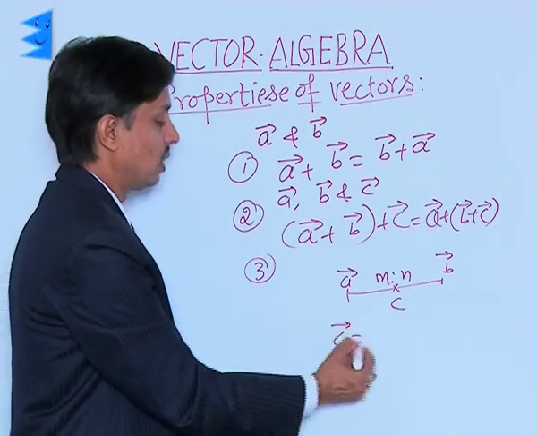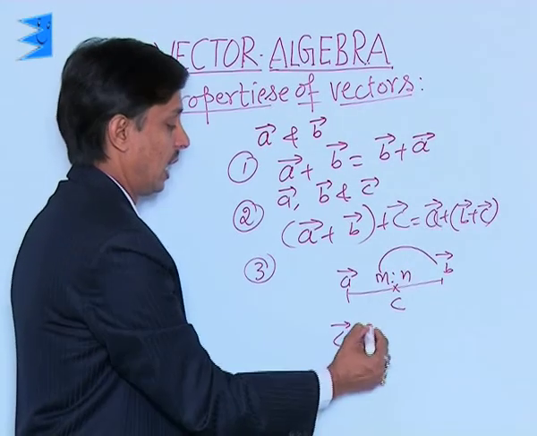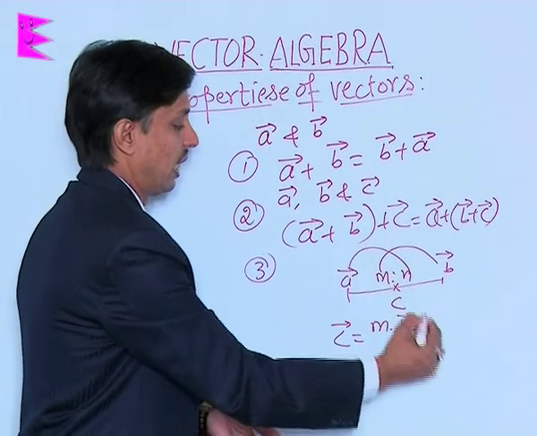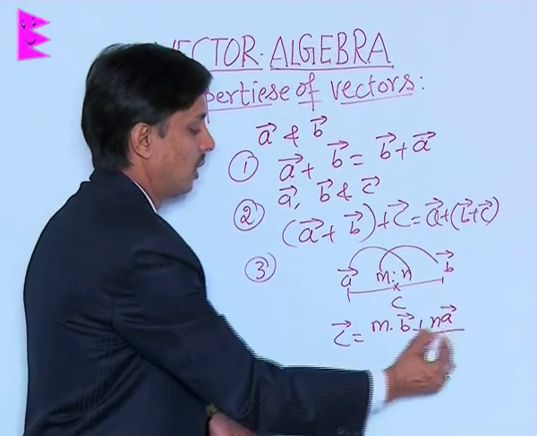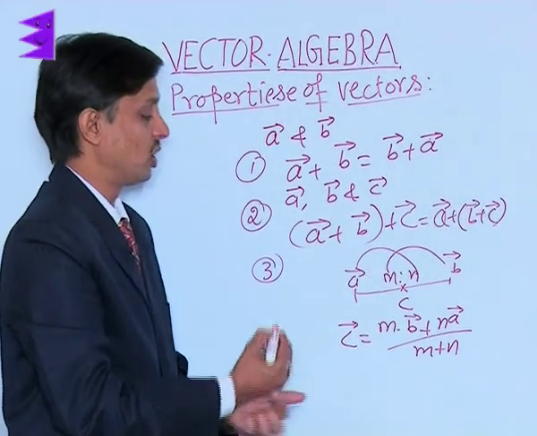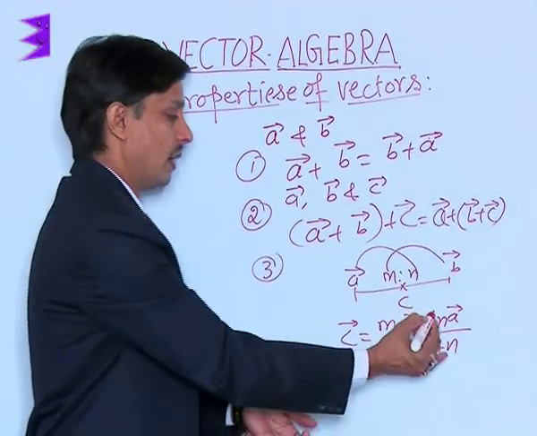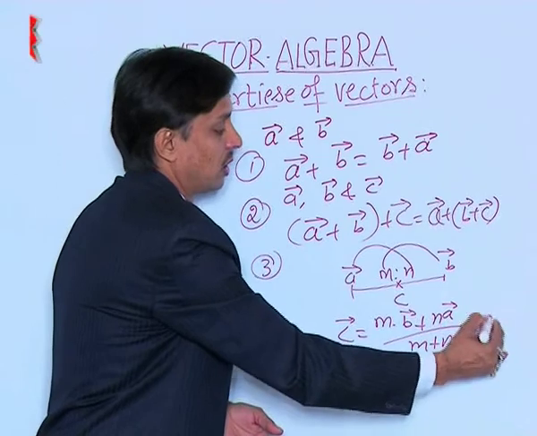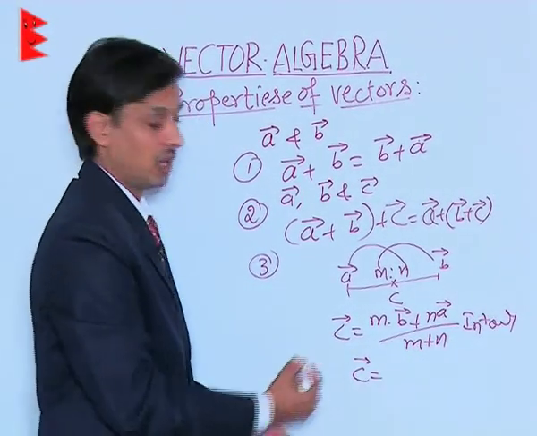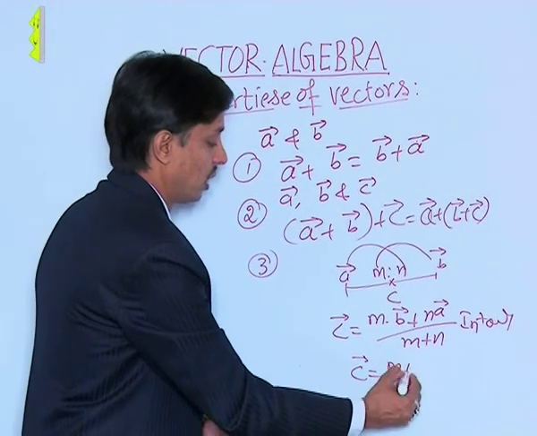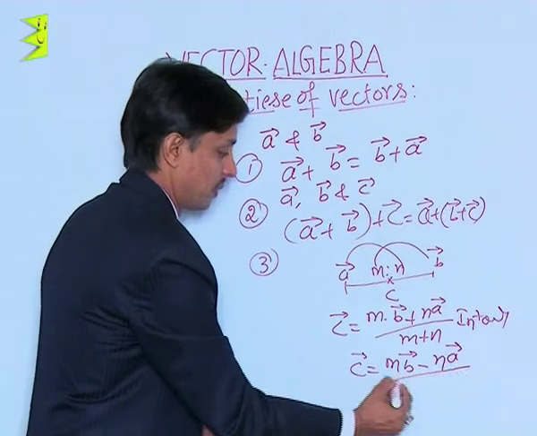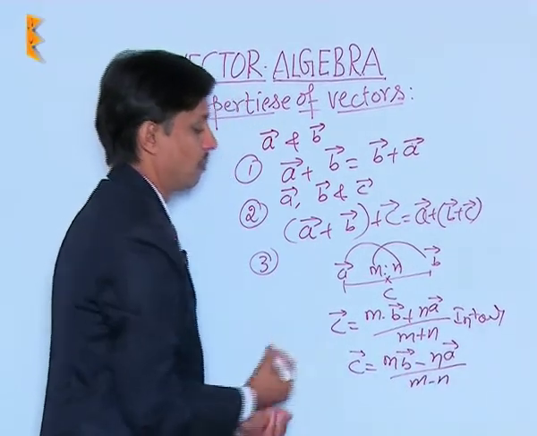Then vector C is given by m times vector B plus n times vector A, upon m plus n, if this point C is internal. This is for internal division, and if the point is external, then it is mb minus na upon m minus n.